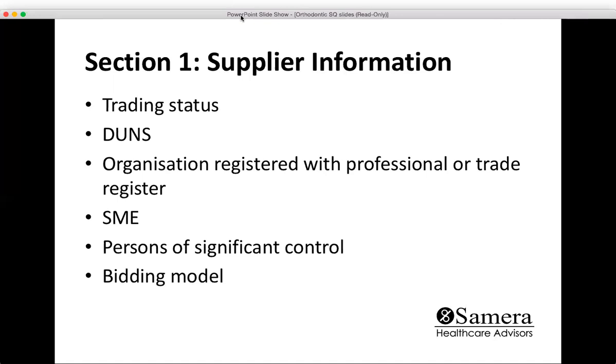Okay. And bidding models, we've had numerous questions here on what bidding models we should apply as. Can you share? So bidding model would be whether you are applying as an individual or whether you are applying as a consortium. This is the section that you would provide information about other parties in a consortium, or whether you're subcontracting, and that sort of thing.